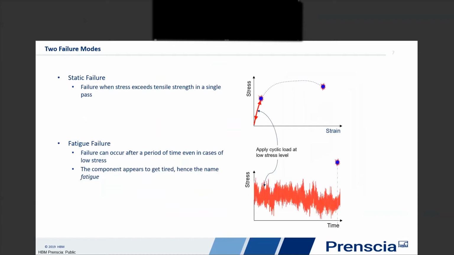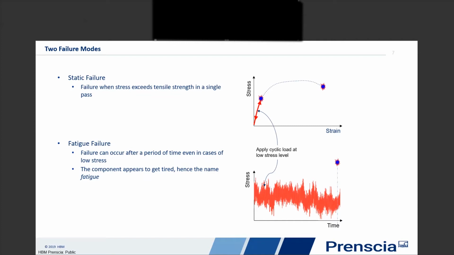Trying here to differentiate between the two modes of failure. The first one we're all pretty familiar with, where we're going to look at our component, we're going to look at maximum possible loads. You can see in here, we're going to design it for stiffness, for static strength. So we're taking our largest possible load and going in and comparing it against yield, comparing it against UTS.